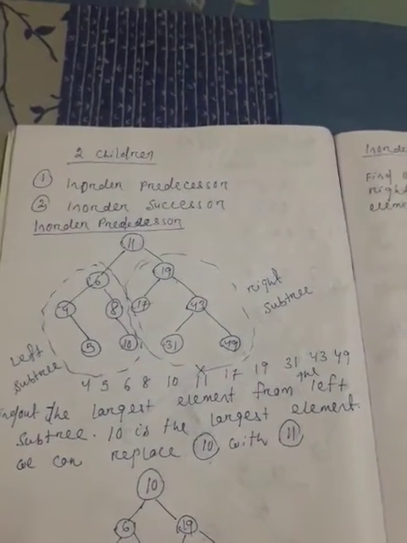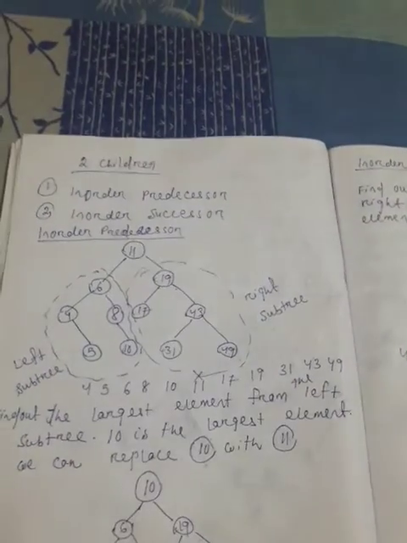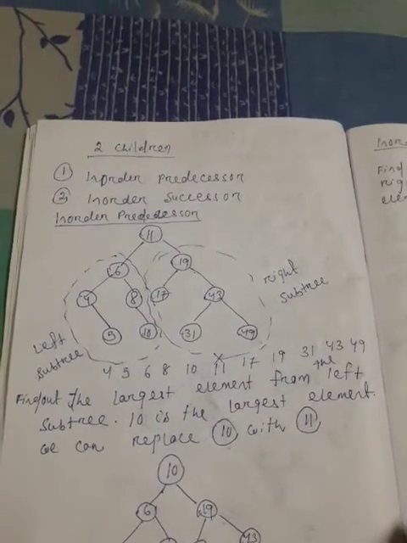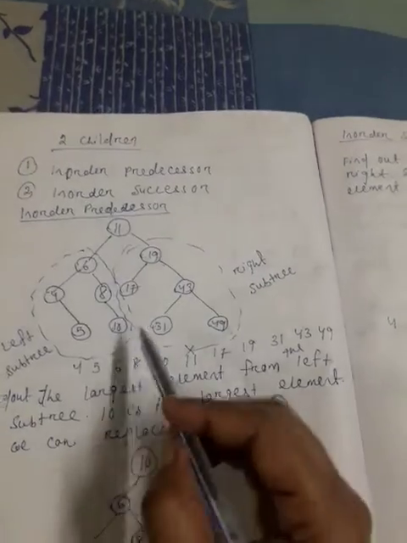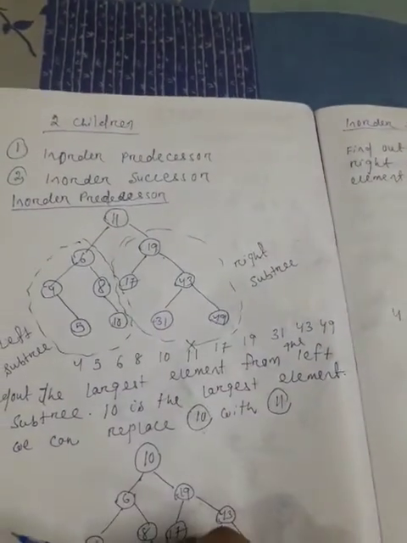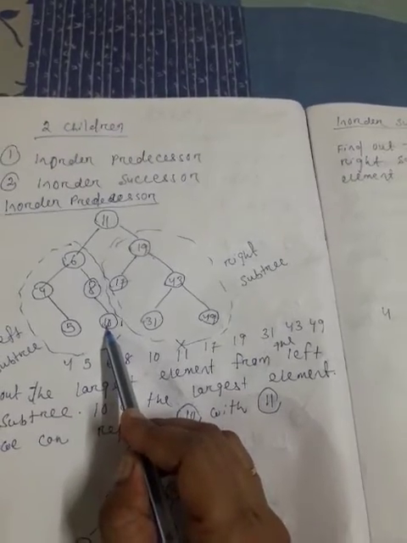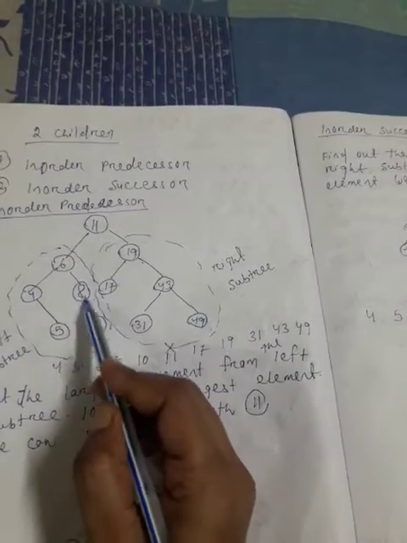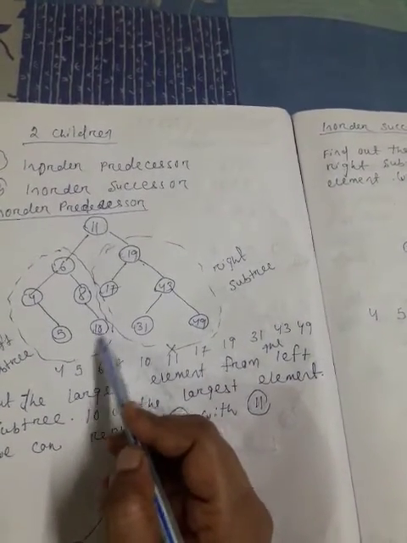If we want to replace 11 by its in-order predecessor, then we take the left subtree and from it we find the largest element. The left nodes are 6, 4, 8, 5, 10, and the largest value is 10.